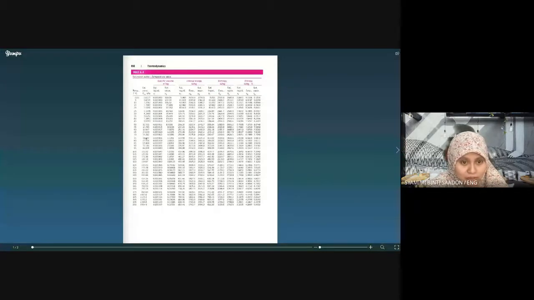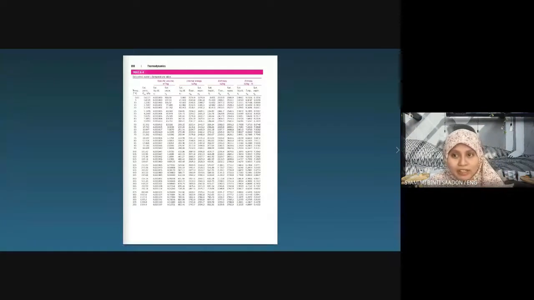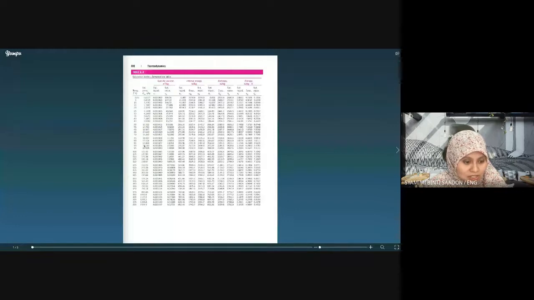Since we know the temperature is 90 degrees Celsius, and it is stated saturated liquid water, we use saturated water table A4. So how do you read the table? Temperature 90 degrees Celsius, the pressure is 70.183 kilopascal. Do you see? So this will be the value of the pressure in the tank.